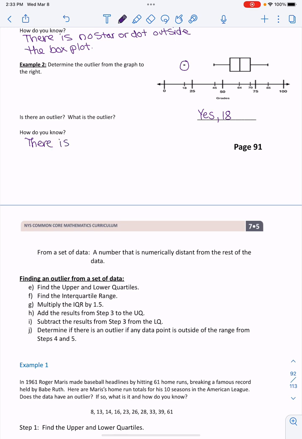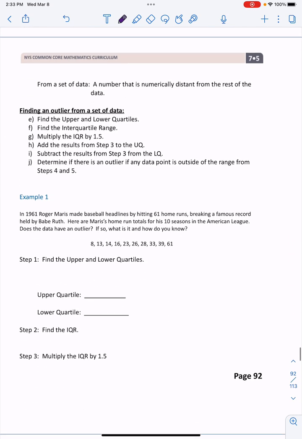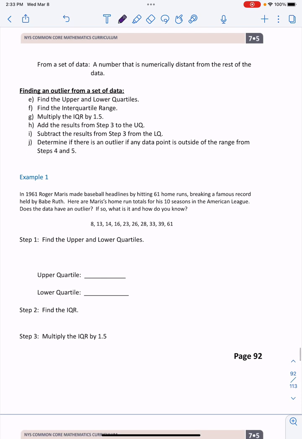There is a star at 18 outside the box plot. An outlier is, from a set of data, a number that is numerically distant from the rest of the data.